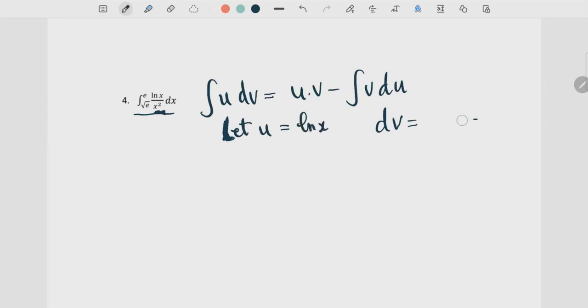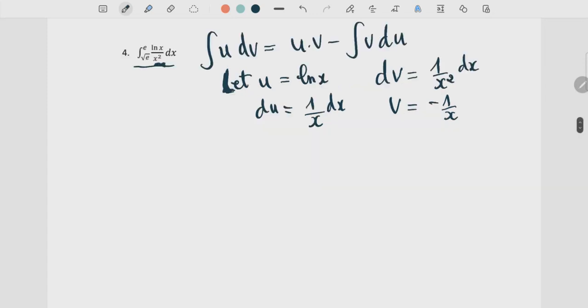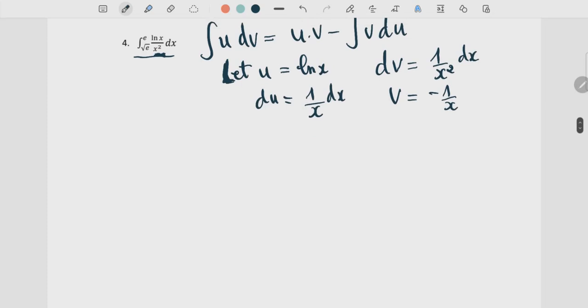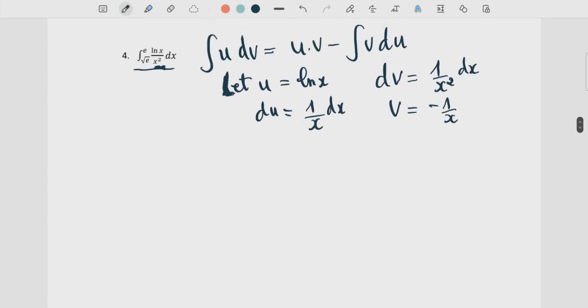If we let ln x be equal to u, then our dv will have to be 1 over whatever's left, so 1 over x squared dx. Meaning that our du will be equal to 1 over x dx, right? And our v will be equal to the integral of 1 over x squared, which is just negative 1 over x. So now that we have our du, dv, and v, we can introduce this to the formula.